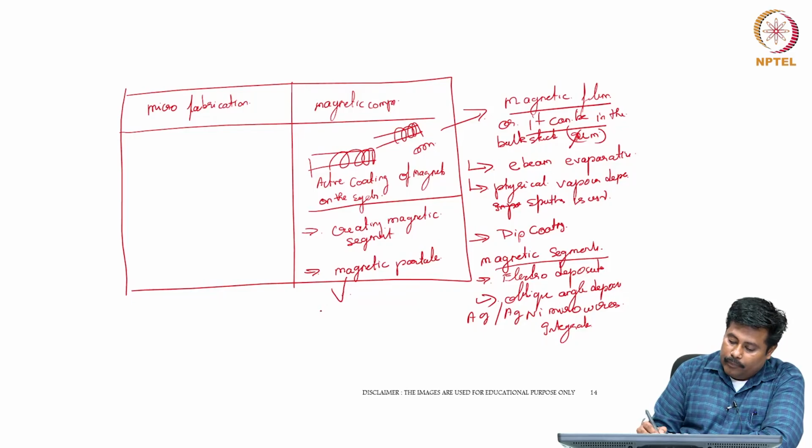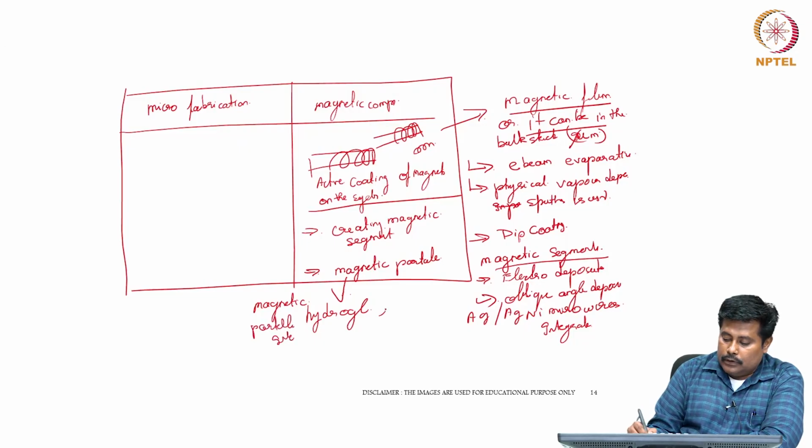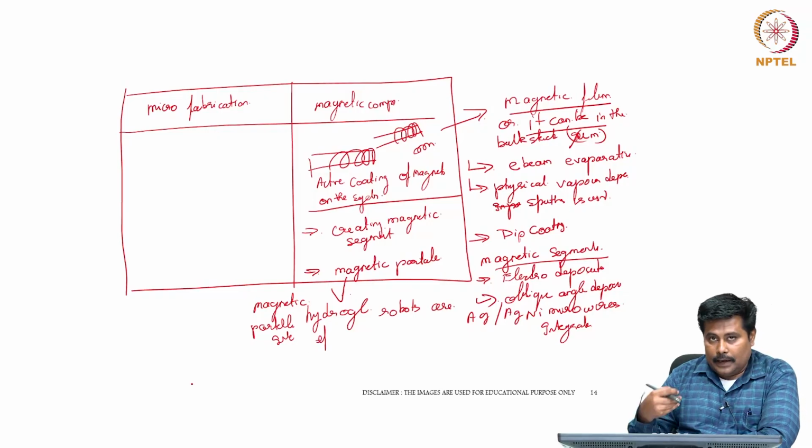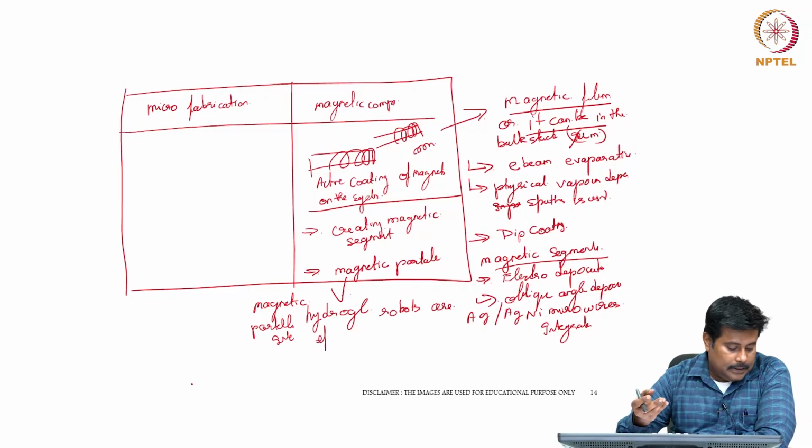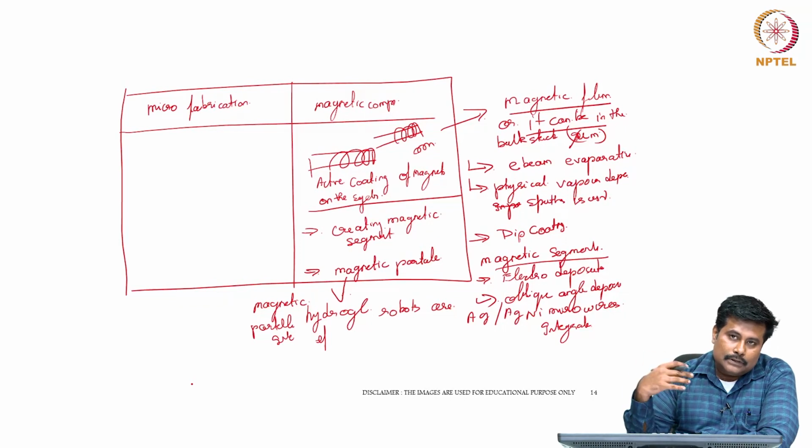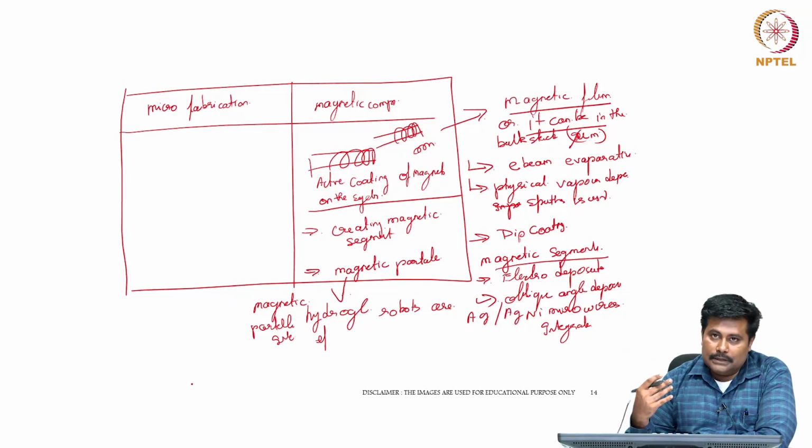And when I talk about the magnetic particle based systems, in the case of magnetic particle based systems, magnetic particle integrated hydrogel robots are efficiently used for different applications. So you try to disperse the magnetic particles, through a dip coating process or through an emulsion process, so we can integrate these magnetic particles along with the hydrogel, so that when we actuate these magnetic particles, there will be a deflection.